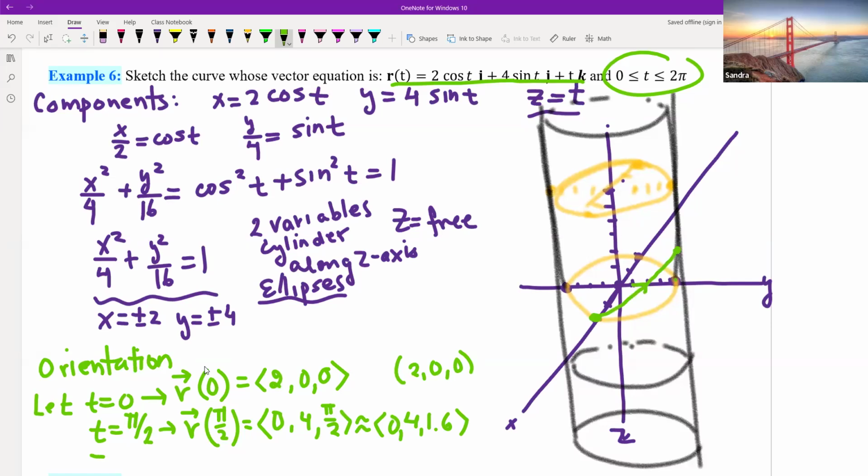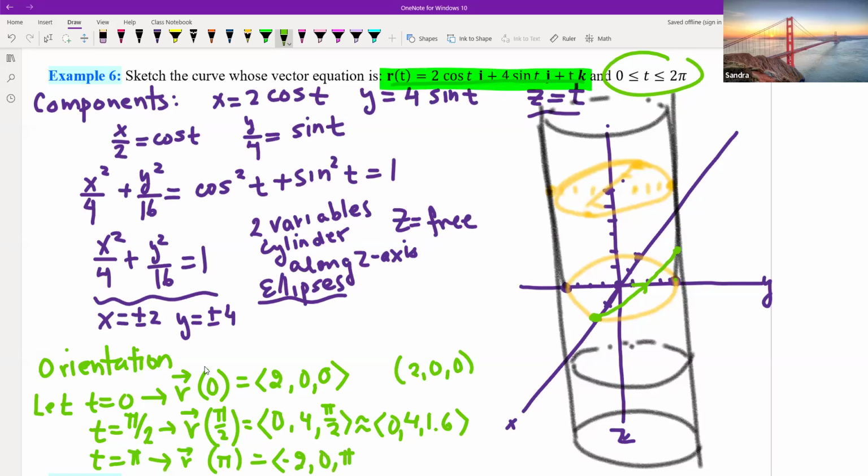Okay, let's go ahead and move on to t equals pi. And so cosine of pi is -1 times 2, it's -2. Remember that I am plugging it in here. Sine of pi is 0.